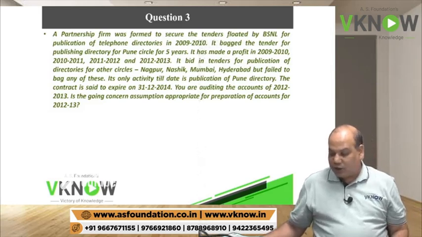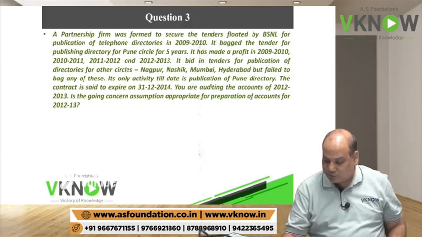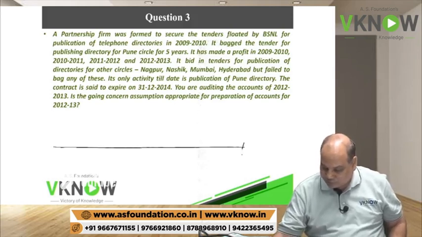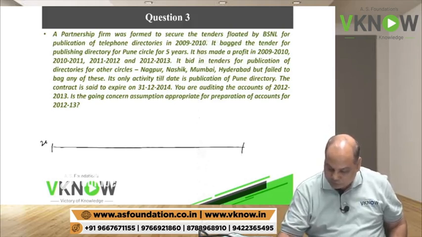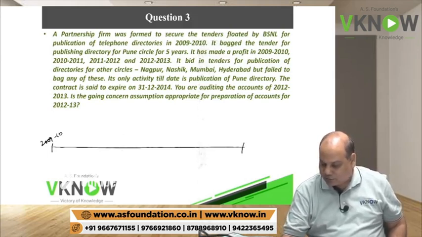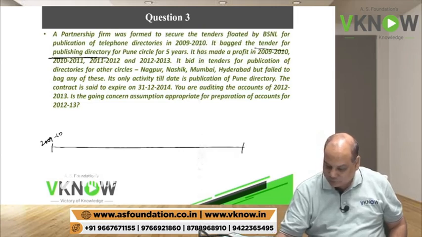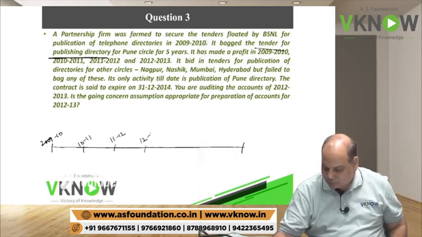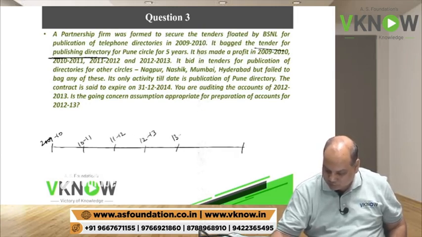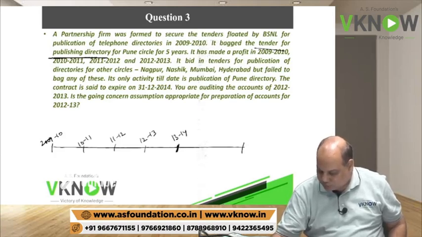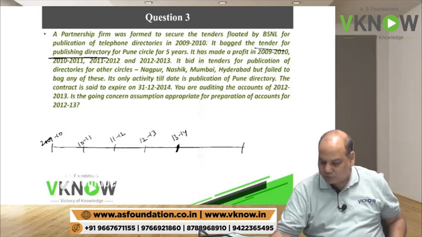It bagged the tender for publishing the Pune Circle for 5 years. This is 2009-10, and it has got this tender for 5 years. So 9-10, 10-11, 11-12, 12-13, 13-14. So up to 13-14 they will continue.